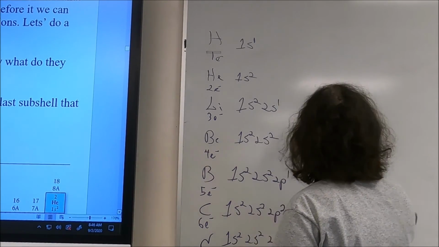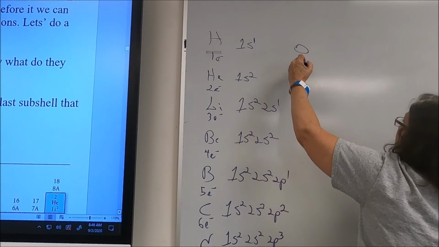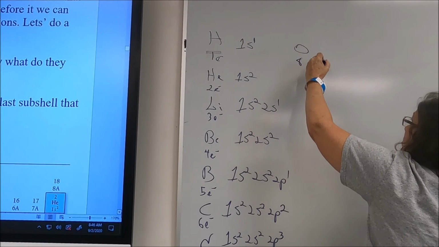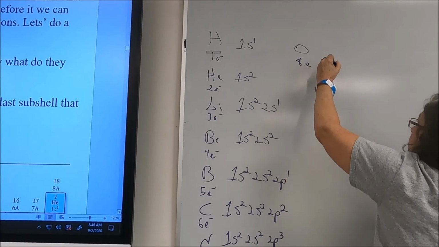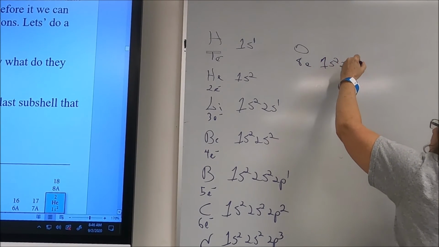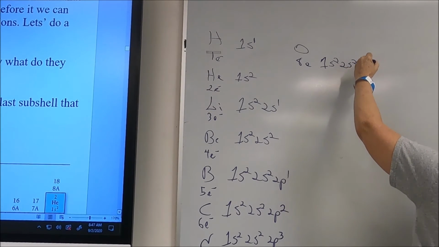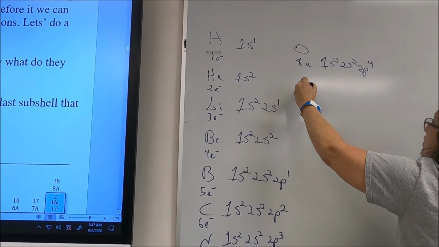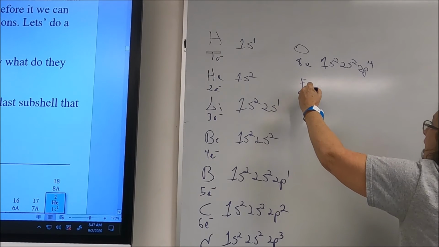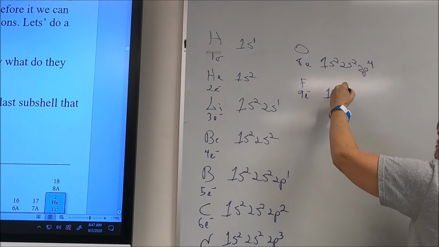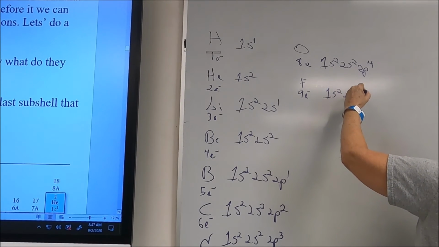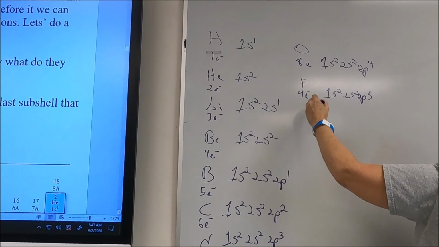And then we have oxygen with its 8 electrons is 1s2, 2s2, 2p4. Fluorine with 9 electrons is 1s2, 2s2, 2p5.